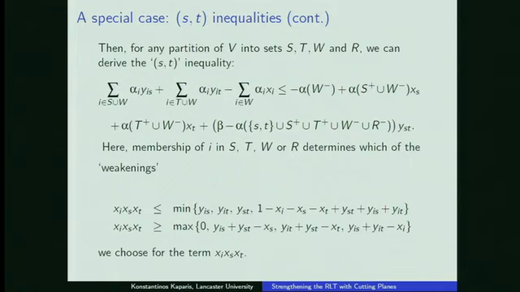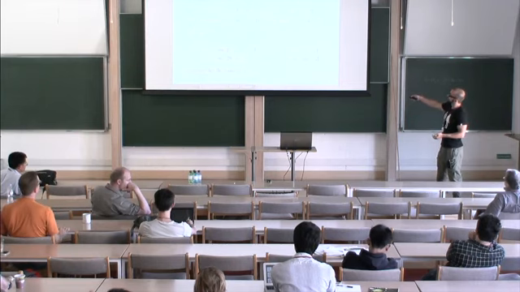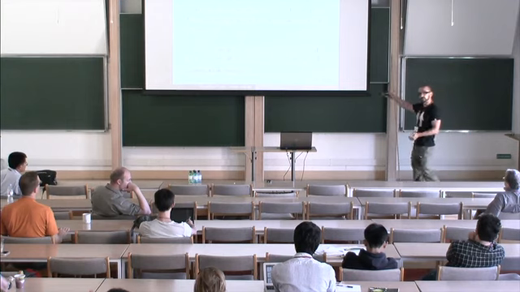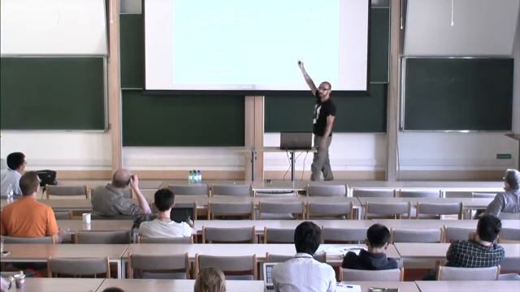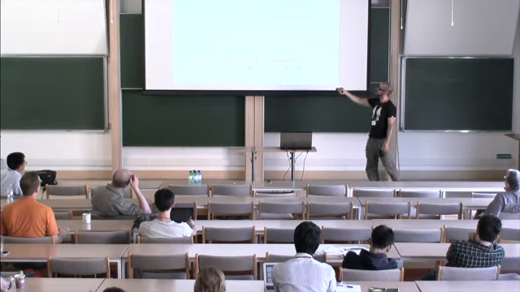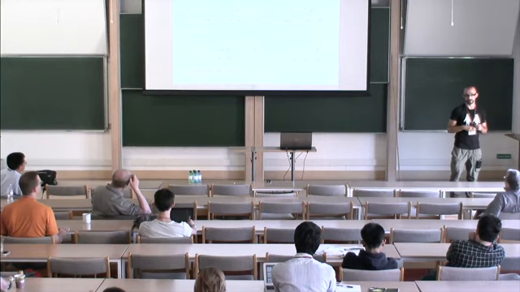Okay, so we just label, let's say, the substitutions that we are doing. So these 4 cases then correspond to sets S plus, T plus, W plus, and R plus. And similarly, the upper bounds correspond to S minus, T minus, W minus, and R minus. So by taking that and substituting in the following inequality, we derive this form. This is the form of what we call the ST inequality.